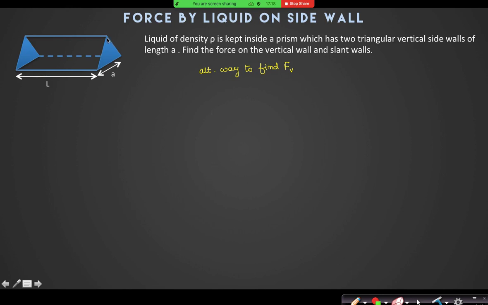Look, I will draw the free body diagram of this part of the fluid. Which part? The part inside the prism. What I am drawing is not the prism but only the fluid section in the prism.